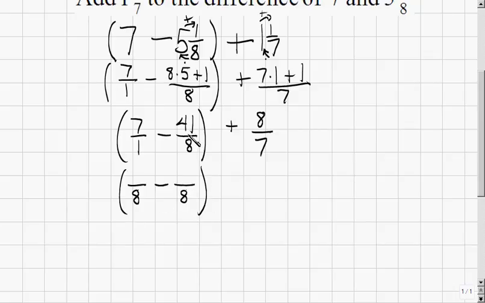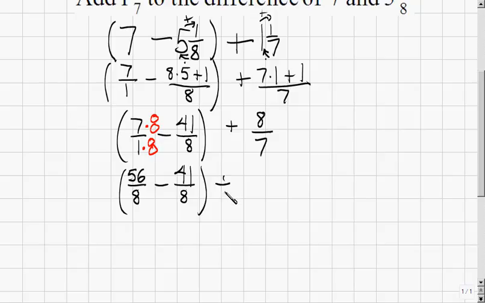Well, 41 over 8 already has that common denominator, so we will not convert 41/8. However, to convert 7 over 1 to a fraction with 8 on the bottom, we need to multiply 1 by something to get 8. Certainly, 1 times 8 will make 8. And we'll also multiply the numerator by 8 as well. So 7 times 8 becomes 56/8.